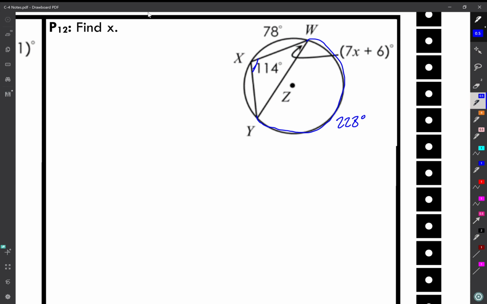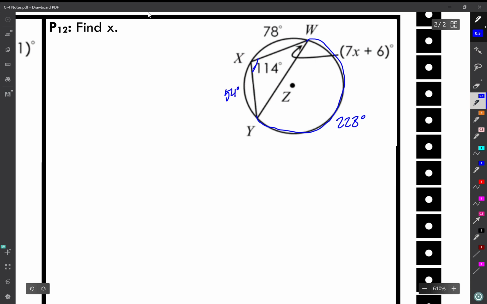Now I can find this little bitty arc XY, because it's the intercepted arc of this angle W right here. If I take half of that, it'll be equal to 7x plus 6. So that's my plan. We do 360 minus 78 minus 228, and you get that the arc is equal to 54 degrees.